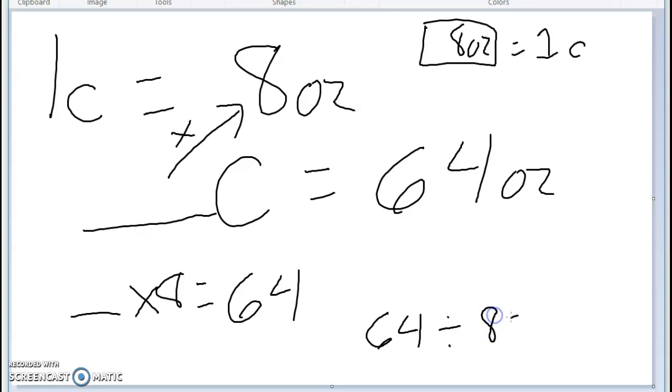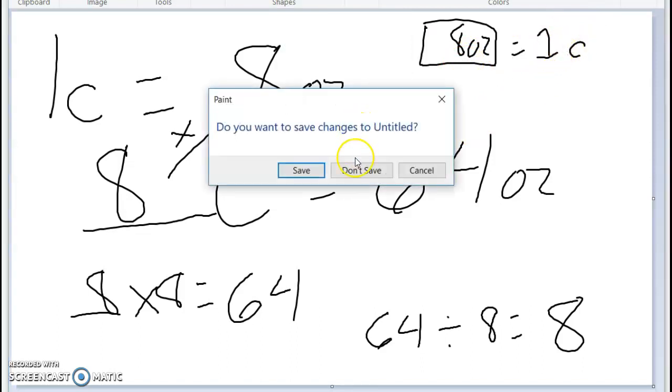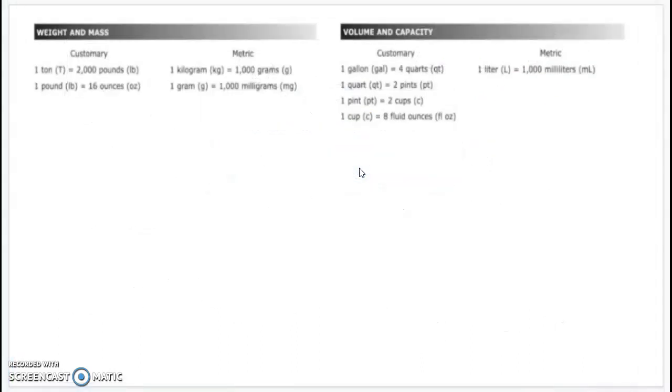I'm going to give you a second. Think about 8 times what equals 64? It is 8. 8 times 8 is 64. So 8 cups equals 64 ounces. If we had 8 of those blocks of 8 ounces, that'd be 8 cups. Very good.